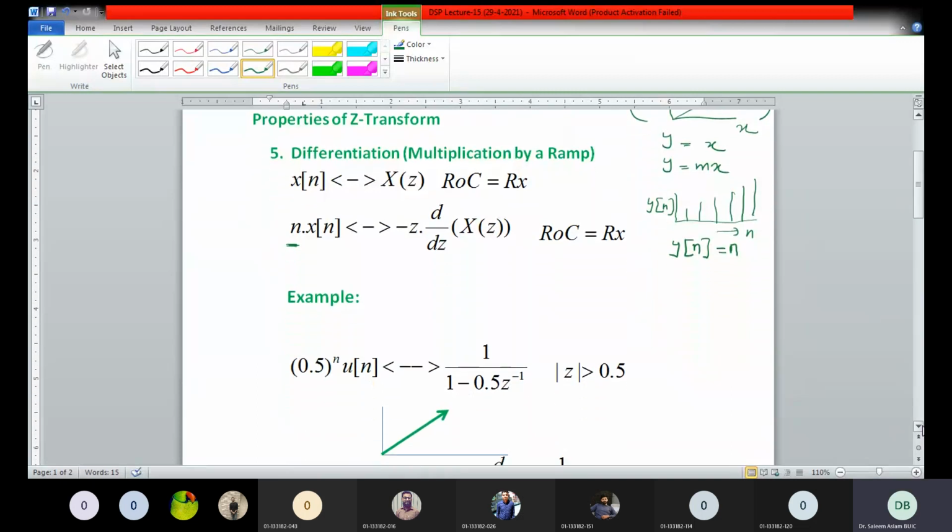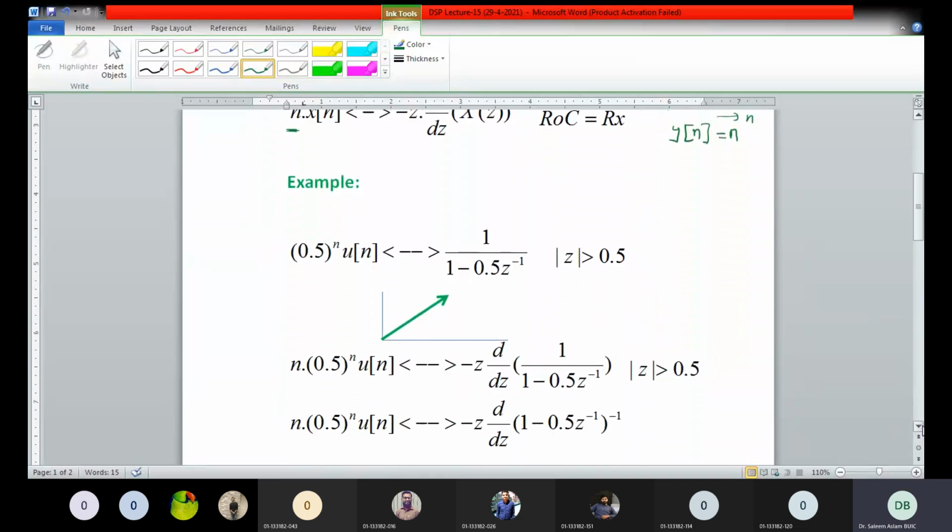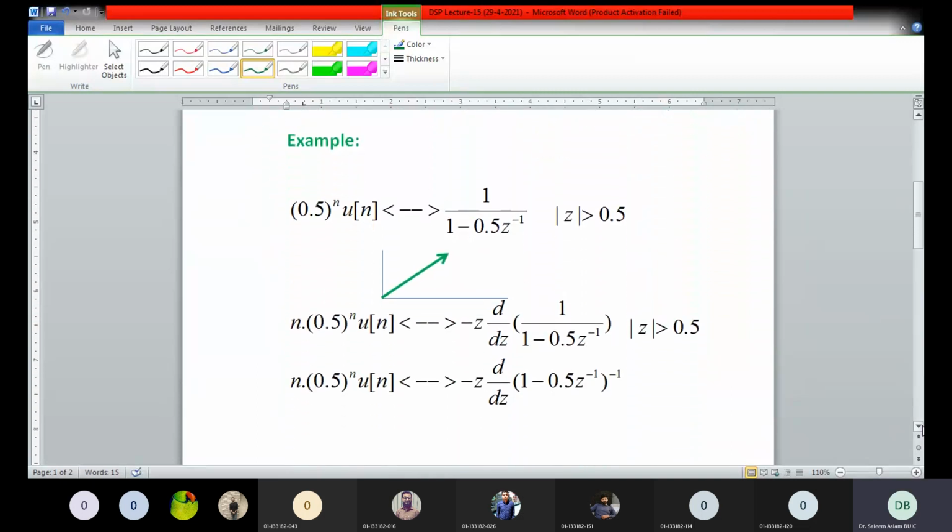We consider 0.5 to the power n, u of n. We know that the Z transform of 0.5 to the power n u of n is 1 over 1 minus 0.5 z inverse, and its ROC is mod z greater than 0.5.